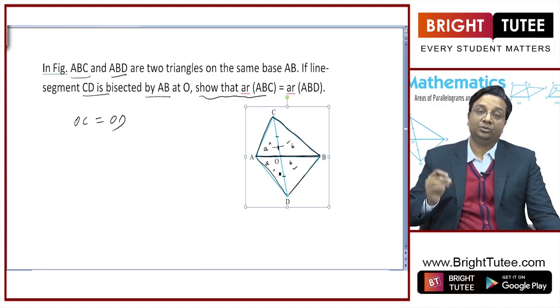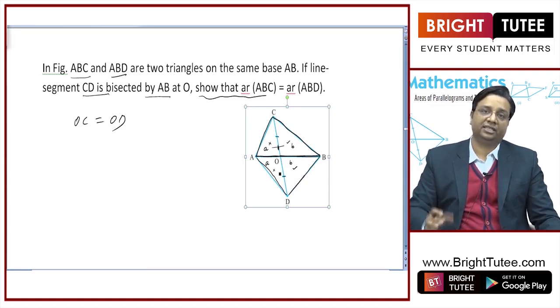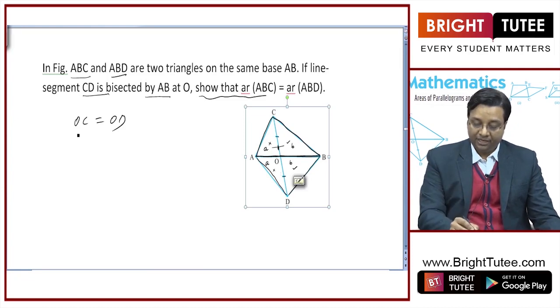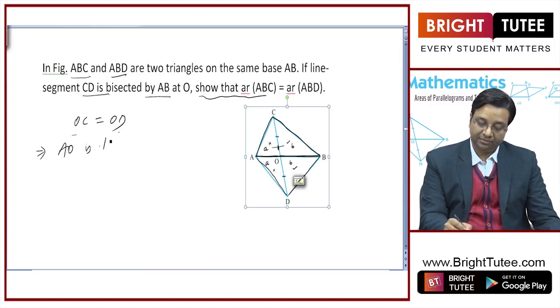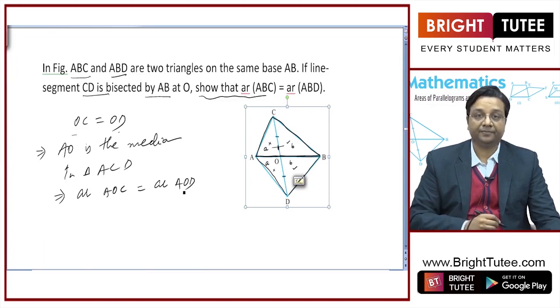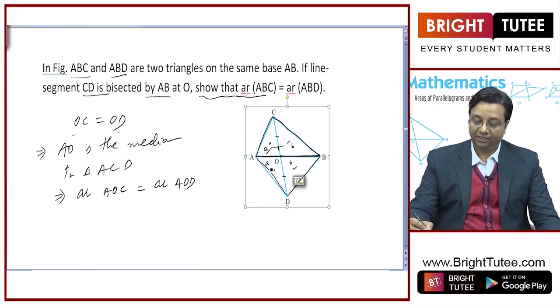So we will use the simple concept that the median divides a triangle into two equal areas to prove this question. Now OC is equal to OD, hence AO is the median in triangle ACD, hence area of triangle AOC is equal to area of triangle AOD, which I have assumed as small a here.